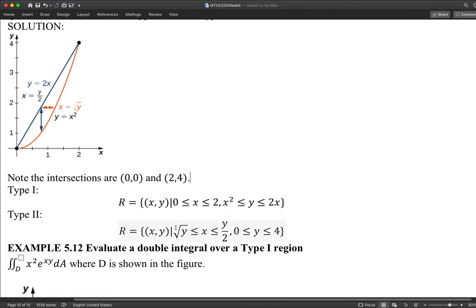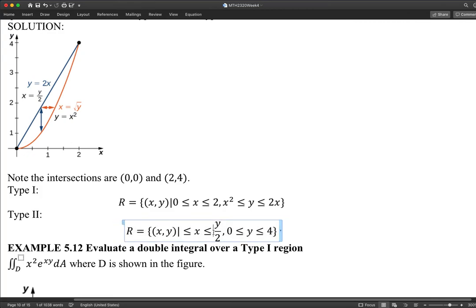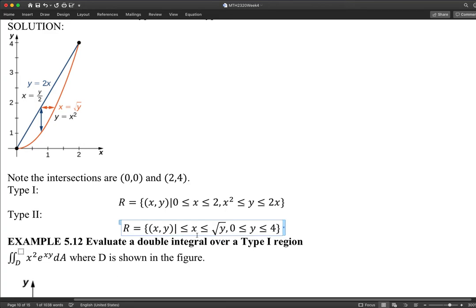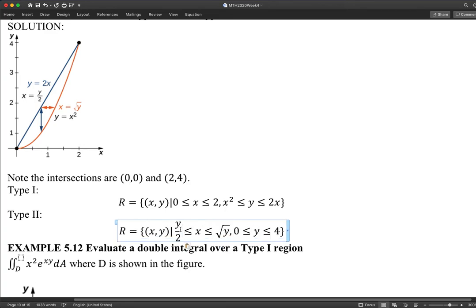And now I just figured out I need to change this into square root of y. Left, yeah. Right, it is the square root of y. And then the left is from the line. And I hope you see, I did not write y equals 2x, right? Because I needed to have a bound for x. So I write this as x equals y over 2.